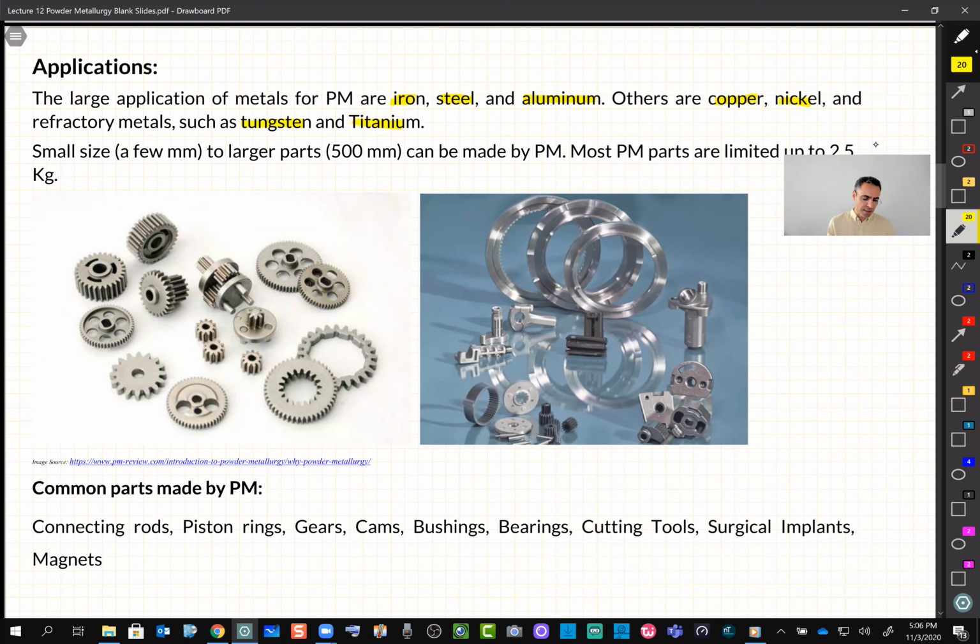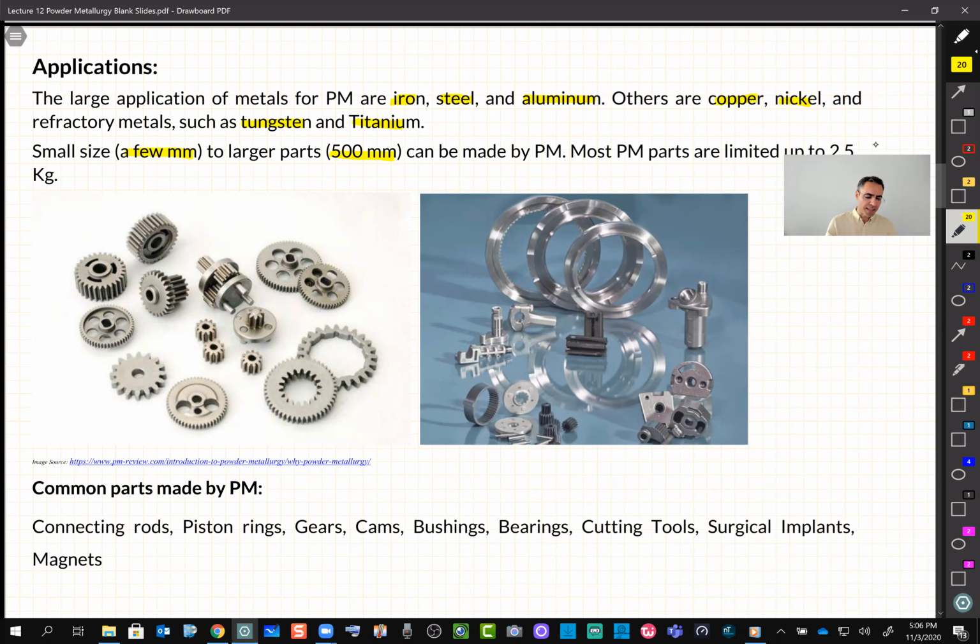So the things made by powder metallurgy can be very, very small, like a few millimeters, and even smaller. The ball of a ballpoint pen, the diameter is 1 millimeter, right? To large parts, like 50 centimeters or maybe even bigger.